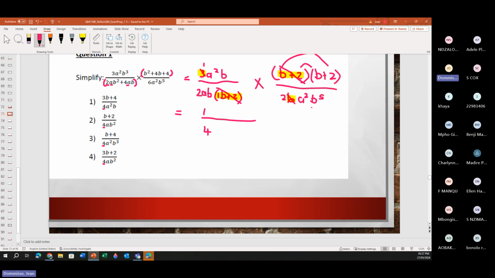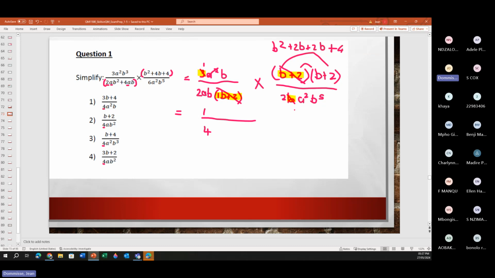So let's see what can we still eliminate. a to the power of 2 at the top, a to the power of 2 at the bottom. b at the top, b at the bottom. So at least we can say at the top, what's left is b plus 2 in brackets.